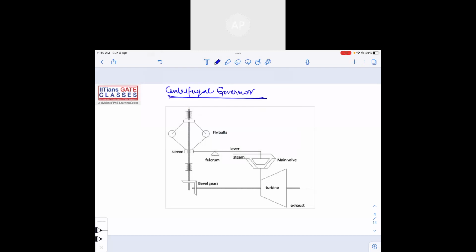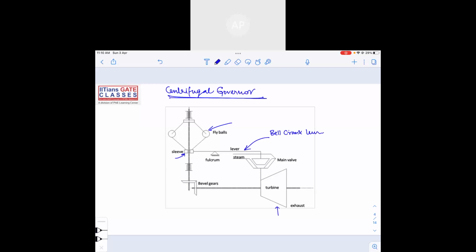So what are the different parts? Let me see. This is known as fly balls. This is the sleeve. You can see the sleeve, right? So there is a bell crank lever here. So this is the turbine.